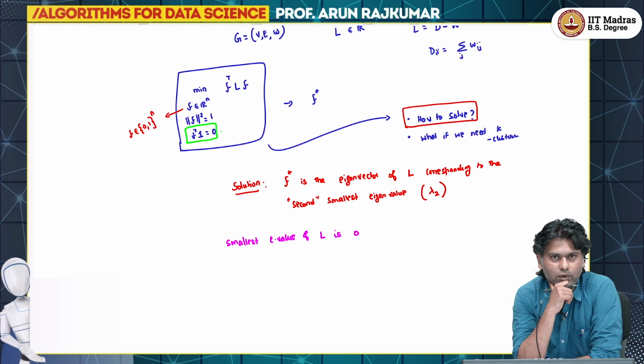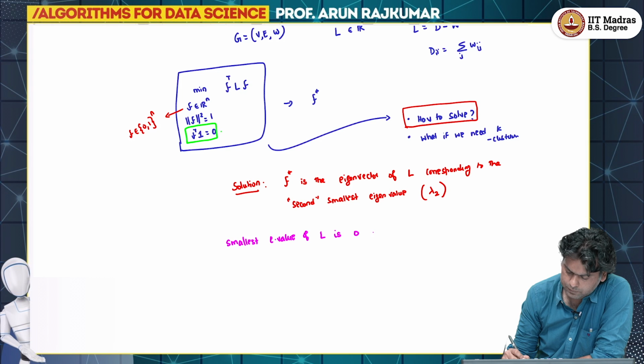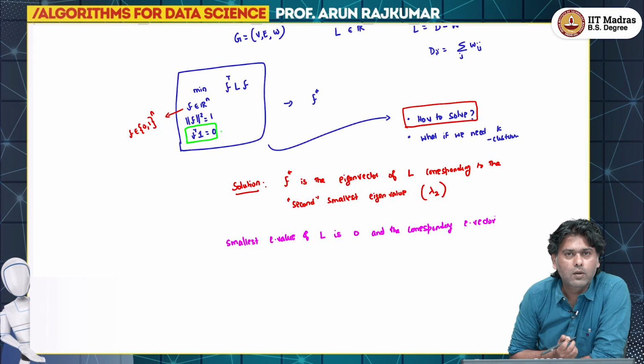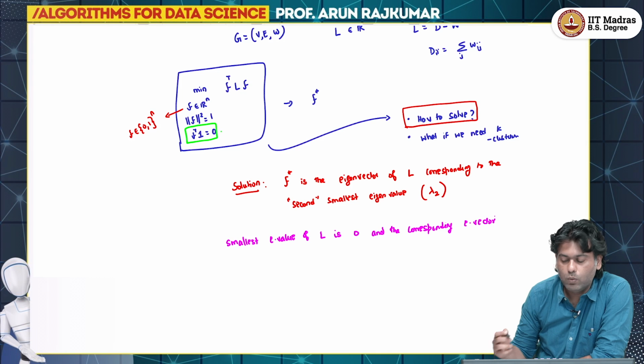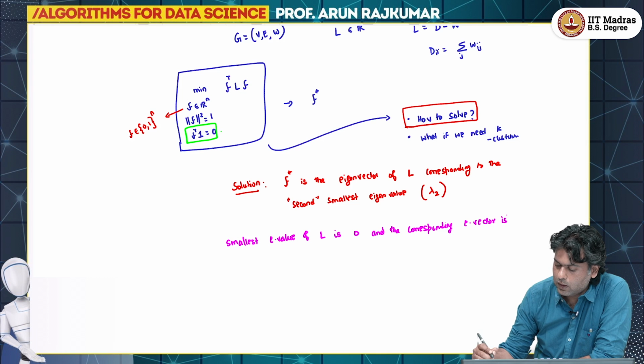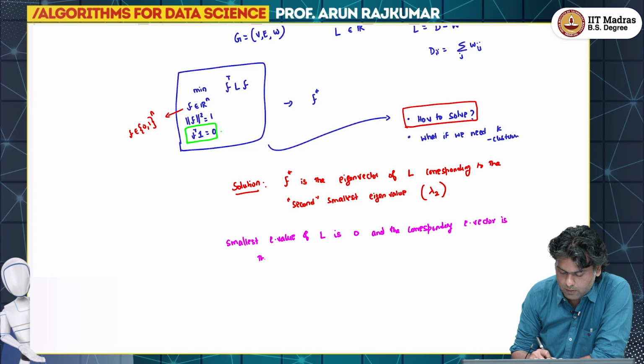And what is the corresponding eigenvector? Can you guess? This is a good time to pause and think about this. Let me tell you what the corresponding eigenvector is. It is the all ones vector.